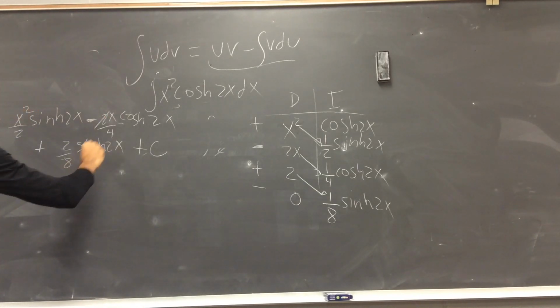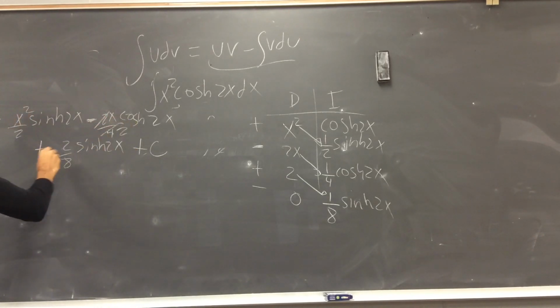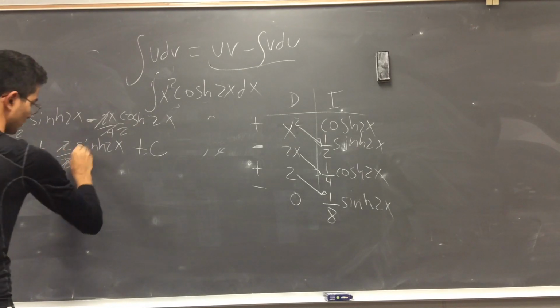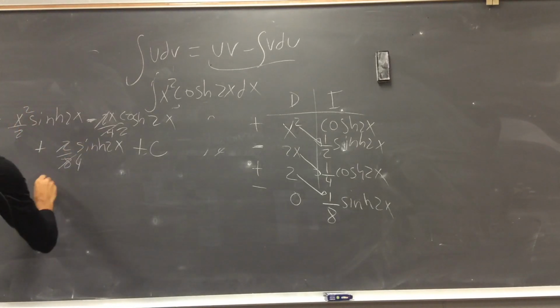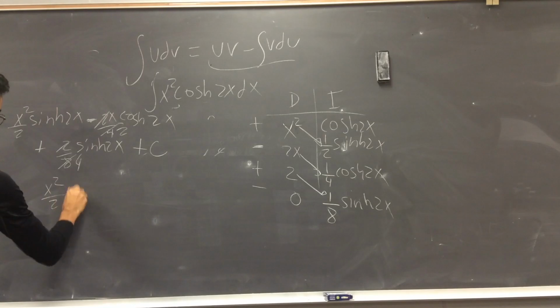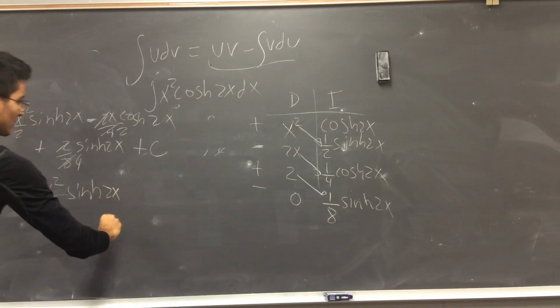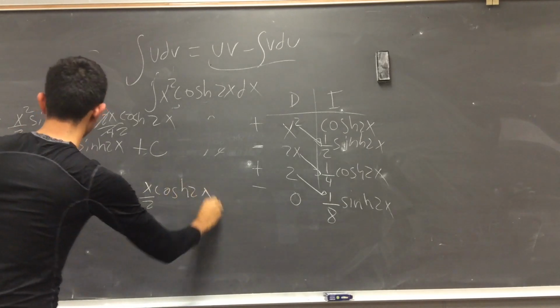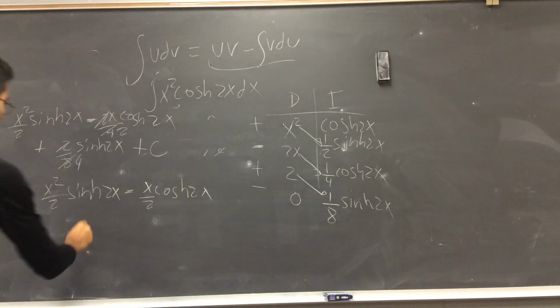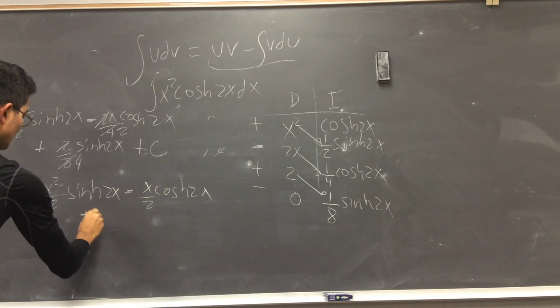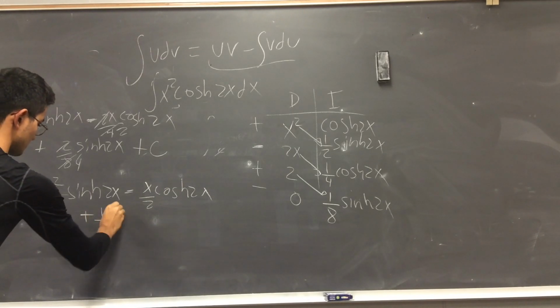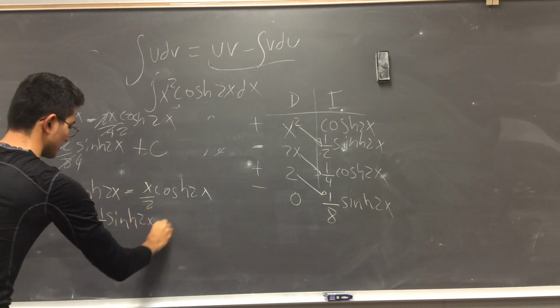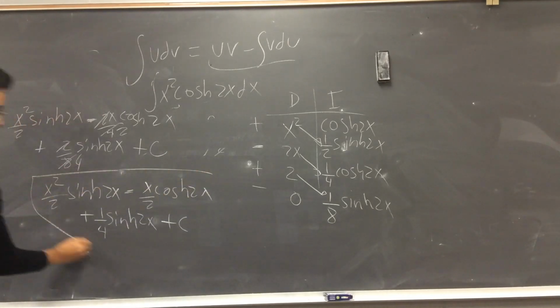This is 2 over 4, which is a half, and this is 2 over 8, which is a fourth. So our final answer is, of course, x squared over 2 sin 2x minus x over 2 cos 2x, plus a fourth sin 2x plus c.